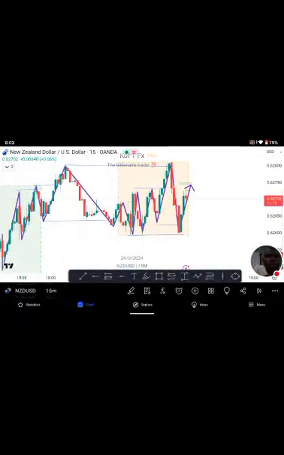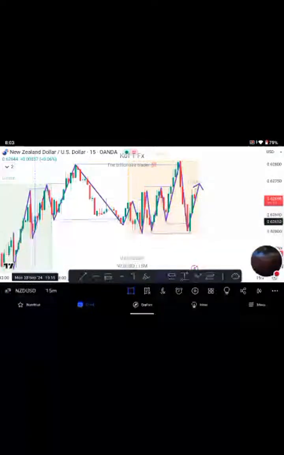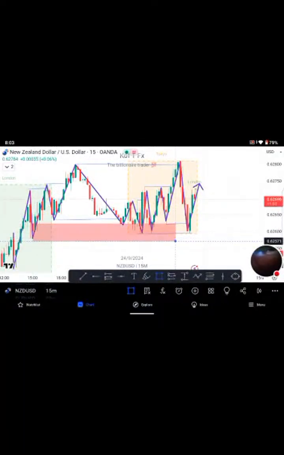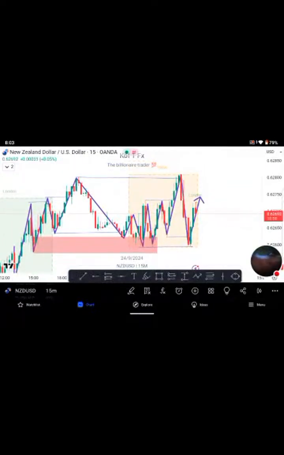If I am to consider the structure from this area, from here, say okay, price came back into this last candle, mitigated it to break this structure here, to break this structure here.